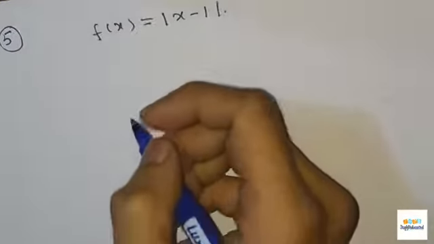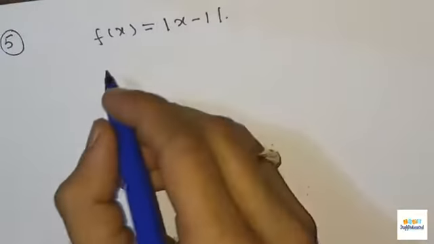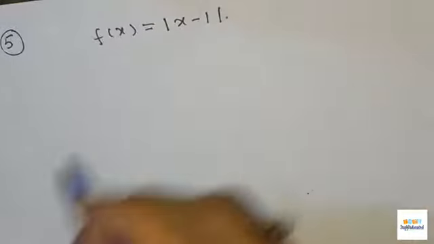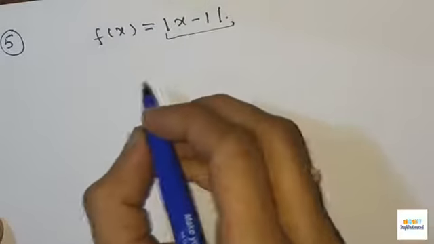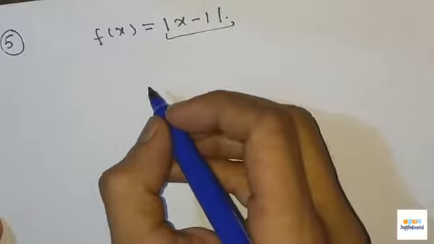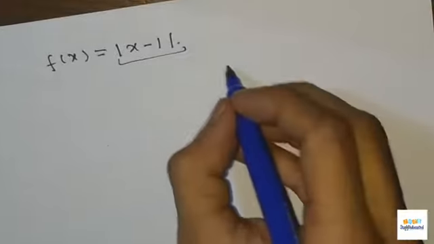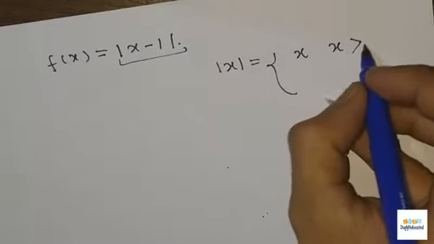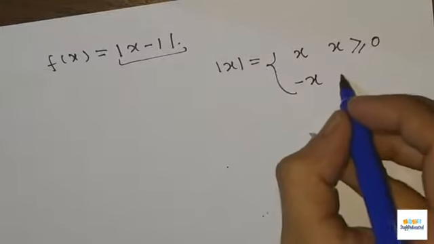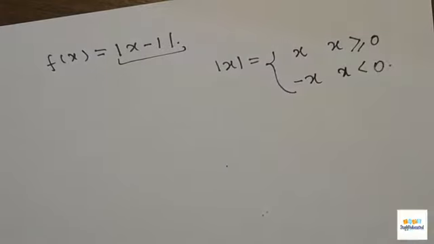Now you know how to find the domain. We have to check for which values of x the function value is defined. Here the function value is modulus of x minus 1. Now you know that modulus of x is equal to x when x is greater than or equal to 0, and minus x if x is less than 0.